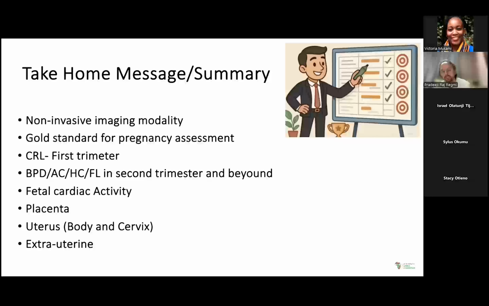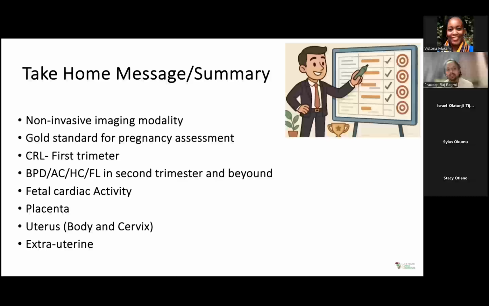So during this trimester scan, there are certain things. As I said, in first trimester, we usually measure CRL and do the early anomaly scan. And in second and third trimester, we measure four important factors: biparietal diameter, head circumference, abdominal circumference, and femur length, along with fetal cardiac activity and placenta.